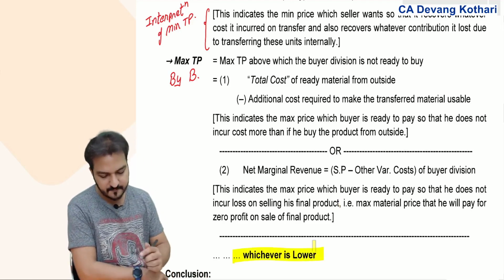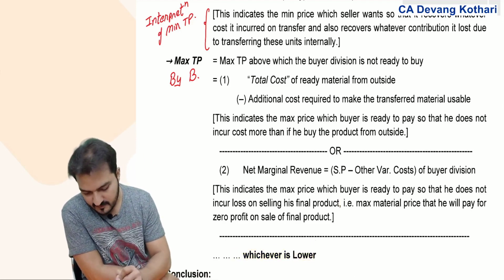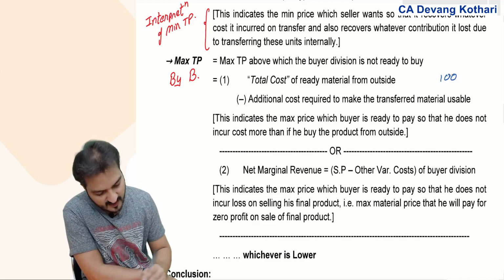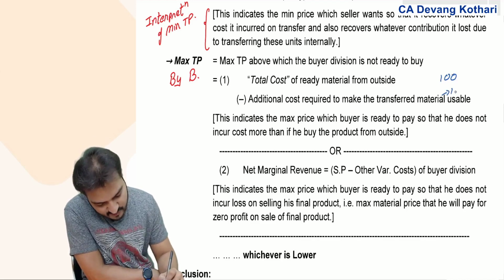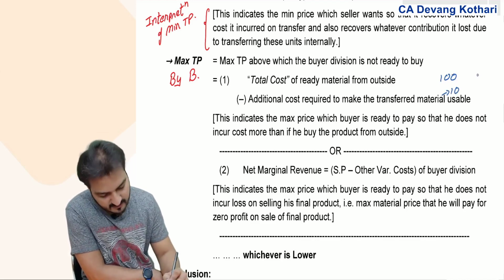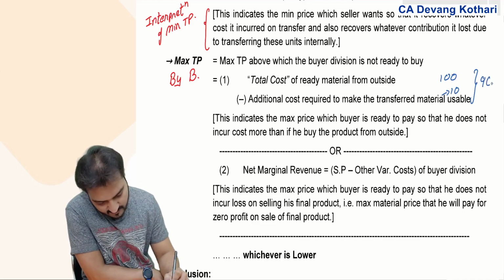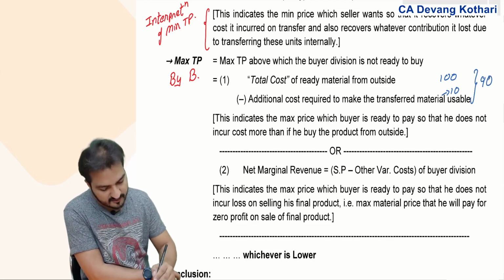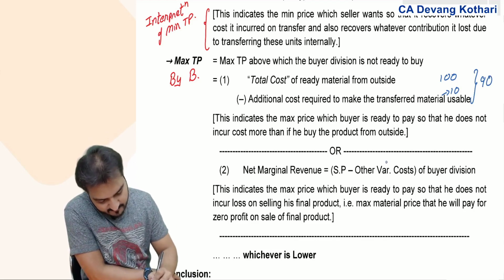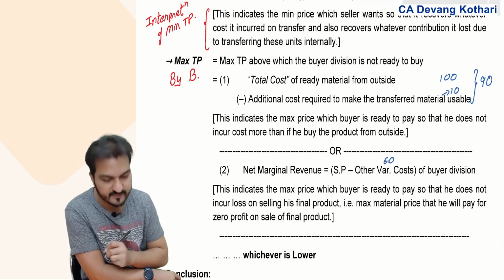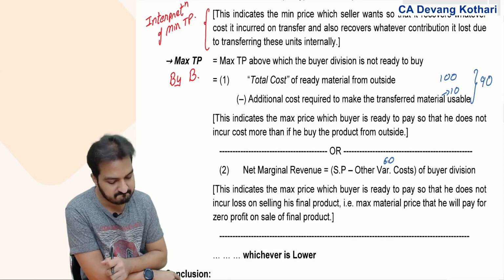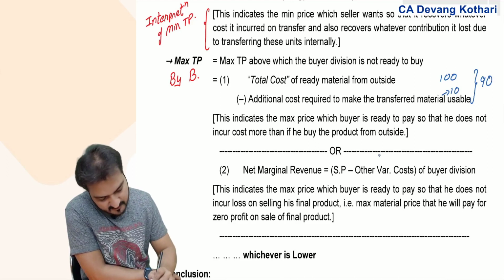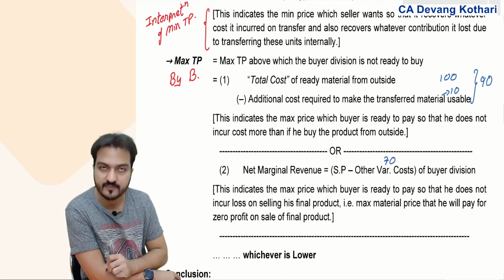For example, ready material is available at 100 rupees and it will cost 10 rupees to make the transferred material usable. So this turns out to be 90. Now other variable cost in division B is, say, for example, 70 rupees.